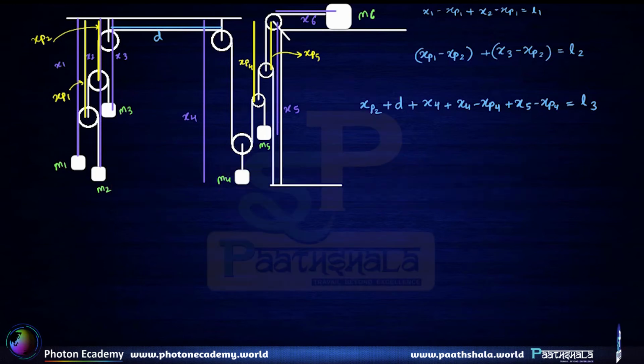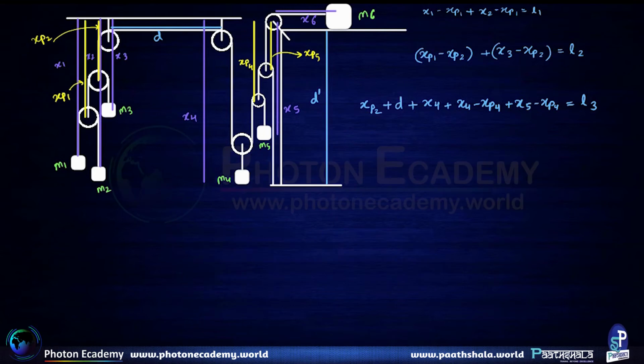Okay, now let us say we take the distance between these two rigid supports as d dash. Why do we need this distance?